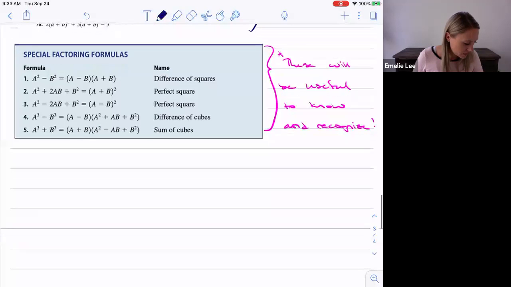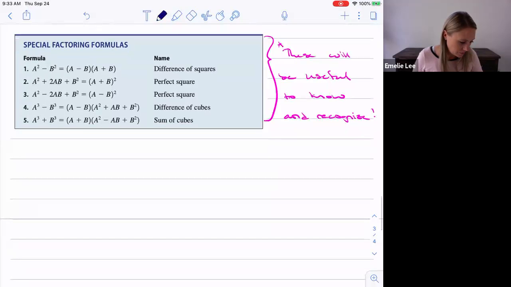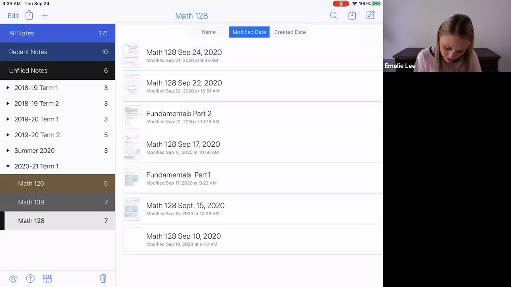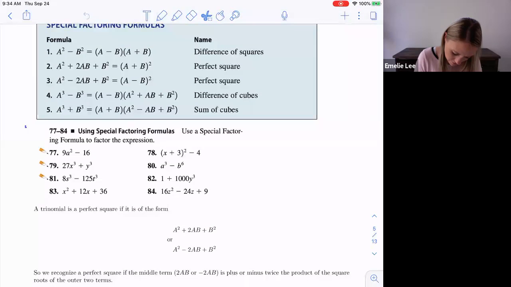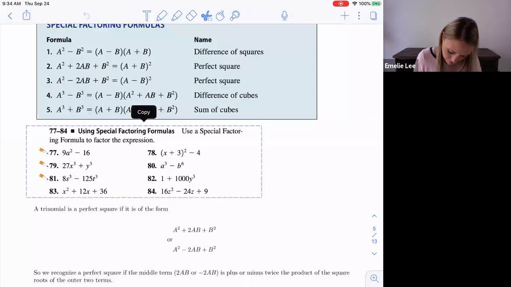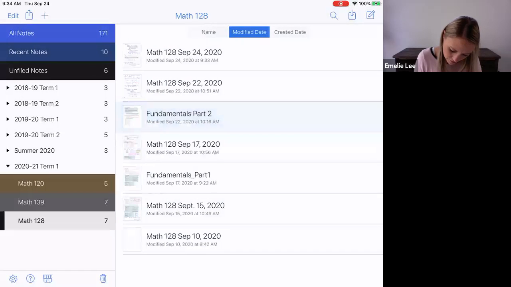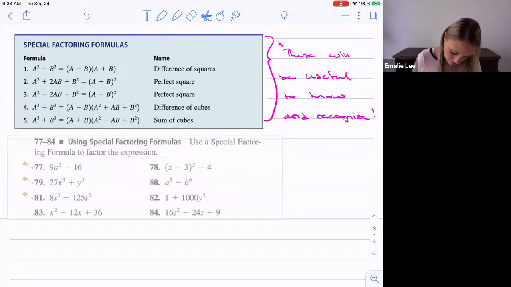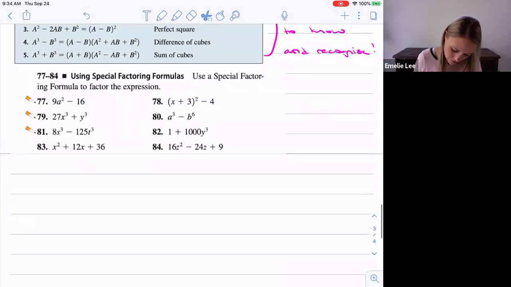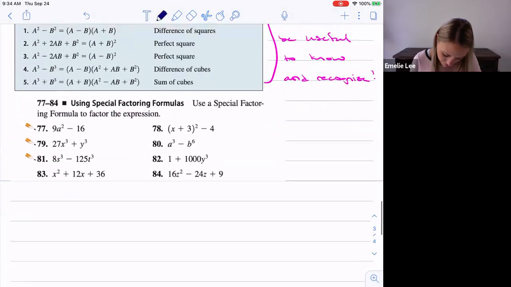Let's do a quick one. Let's see here, which one should we do?